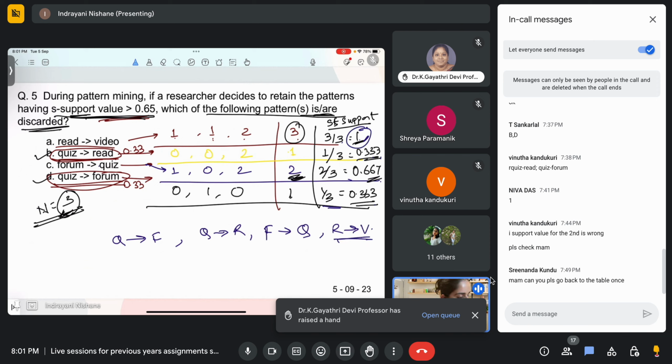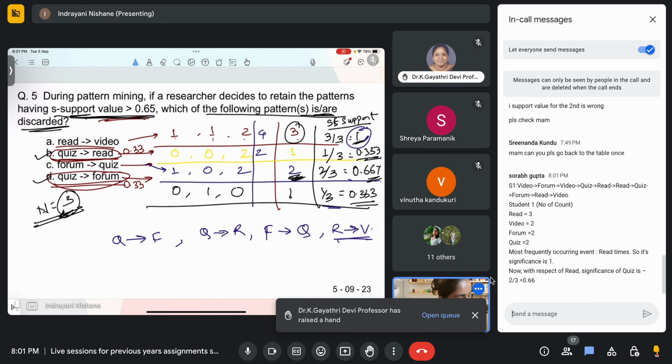So we'll now also calculate the I support: 2 by 3, 1 divided by 3, divided by 1, divided by 2, divided by 1. This is read to video, 1.33.